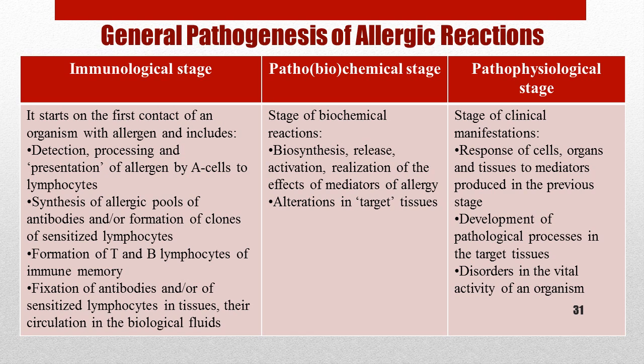Second, synthesis of allergic pools of antibodies and or formation of clones of sensitized lymphocytes. Third, formation of T and B lymphocytes of immune memory. Fourth, fixation of antibodies and or of sensitized lymphocytes in tissues, and their circulation in the biological fluid.